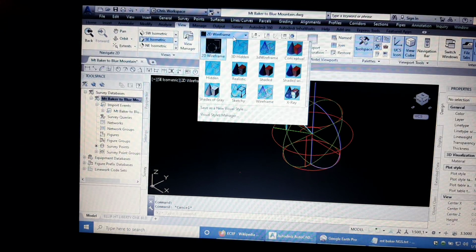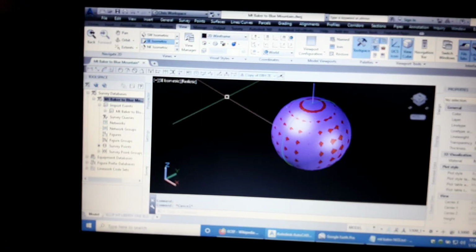So that's the horizontal radius, and then I have the vertical. Anyway, so if I turn on the rendered view, and so you see the red and blue.